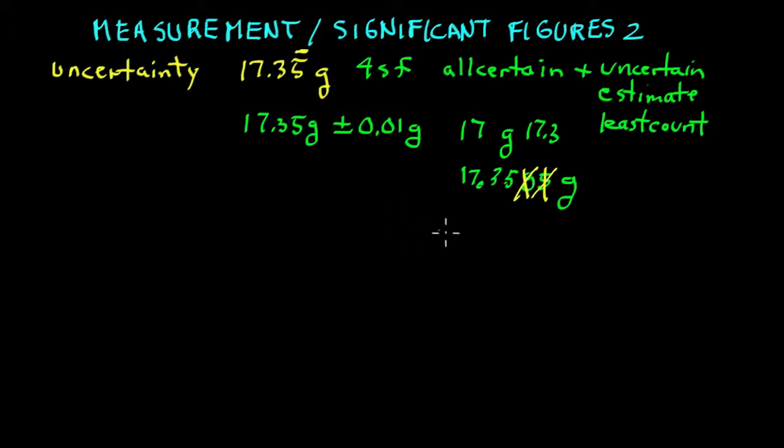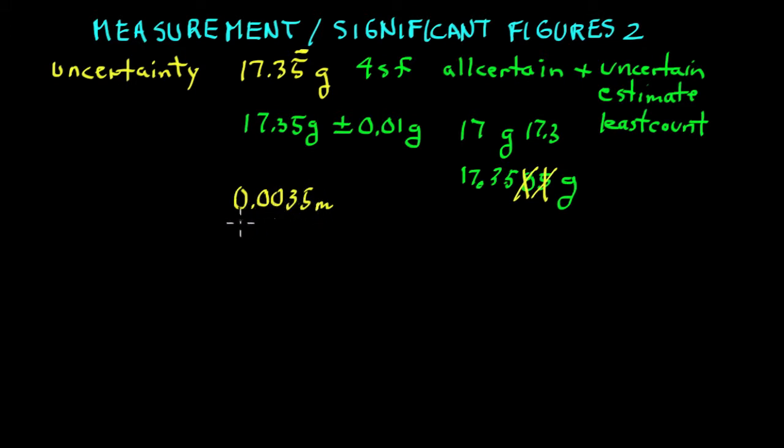Let's try this number again, because I think students have had trouble with this. 0.0035 meters. The number of significant figures here, what is it? It is 2. And the way you could get that is put it in scientific notation.